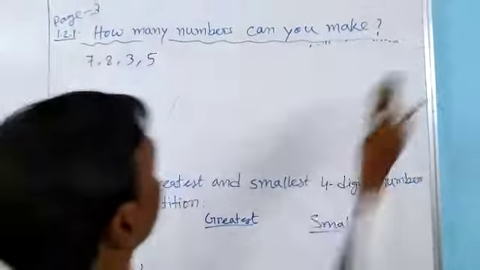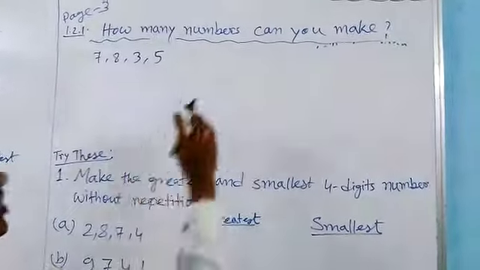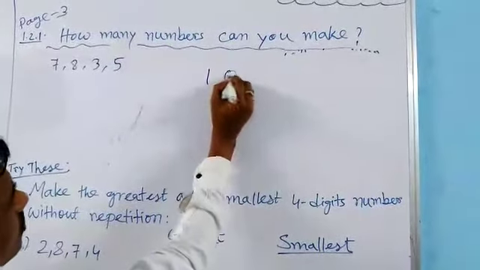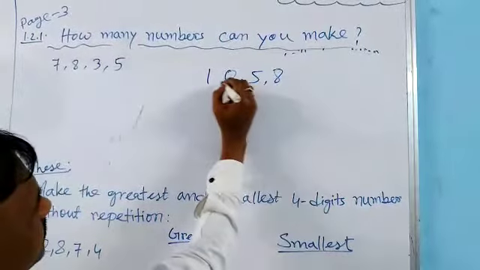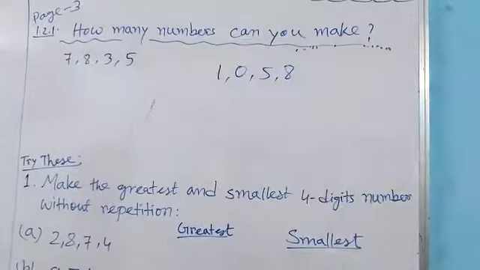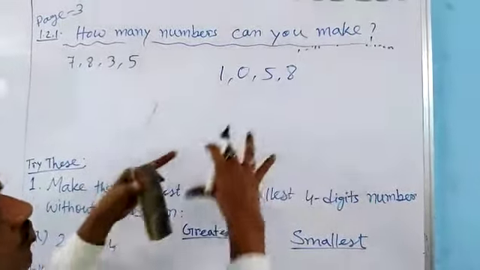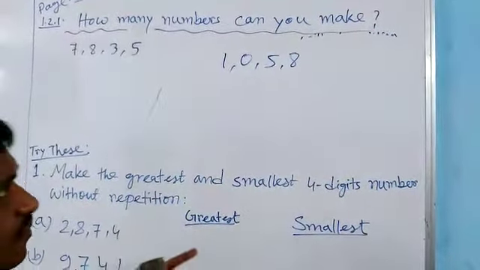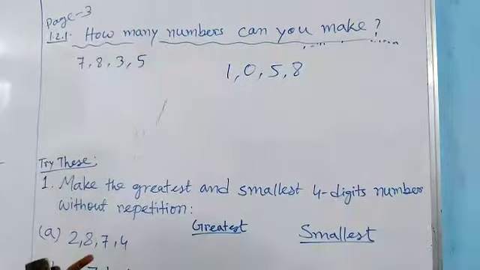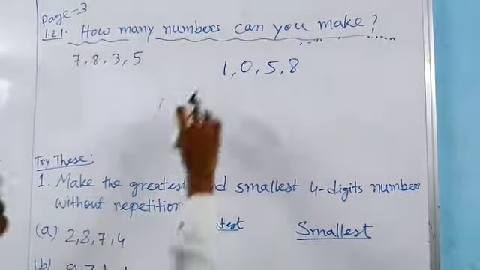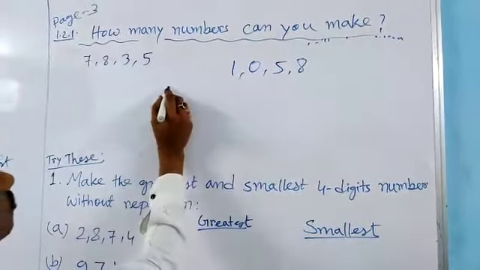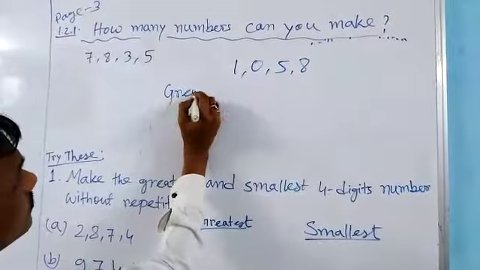And next, in the case if there is 0, suppose the digits 1, 0, 5, and 8, how can you form the 4-digit numbers, the greatest and the smallest? How do you form the greatest number?